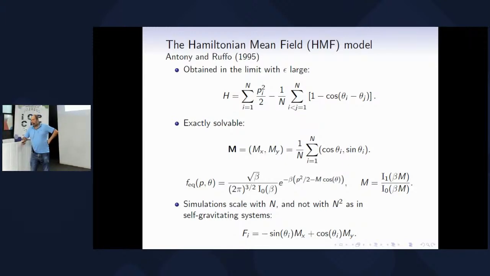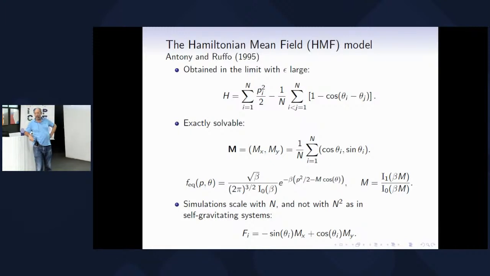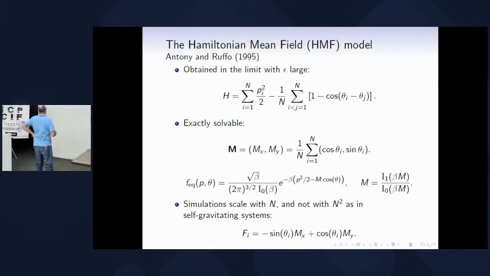I can compute the partition function, and I can write down the equilibrium distribution function, which is given by this expression in terms of m, the total magnetization, which is a solution of this transcendental equation with I1 and I0, the modified Bessel functions of index 1 and index 0. Beta is 1 over kT, the Boltzmann factor. And this is the equilibrium distribution.